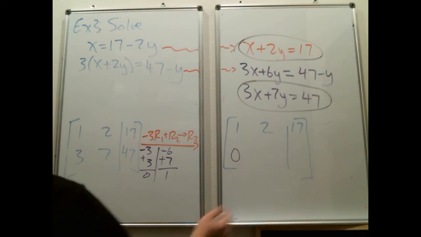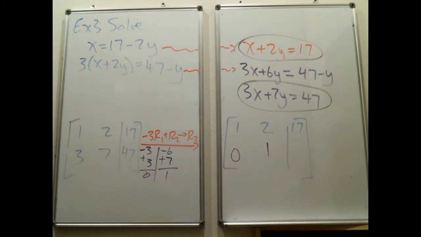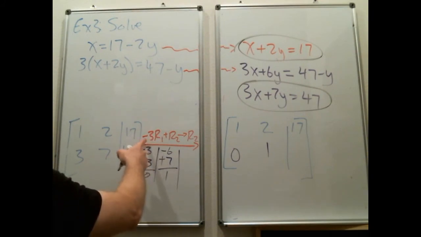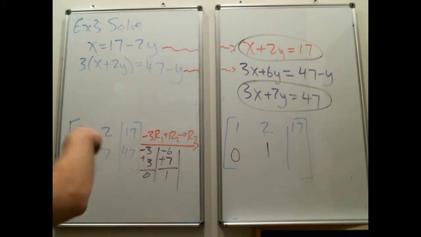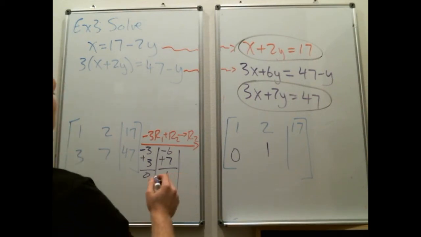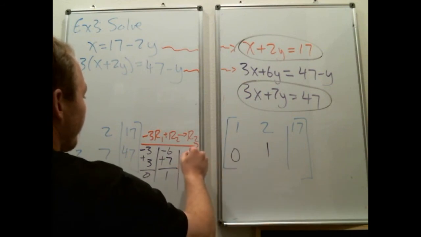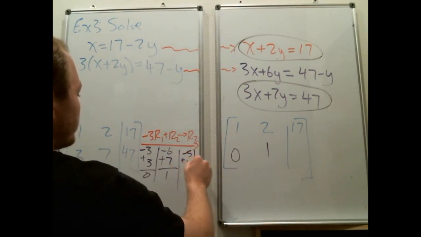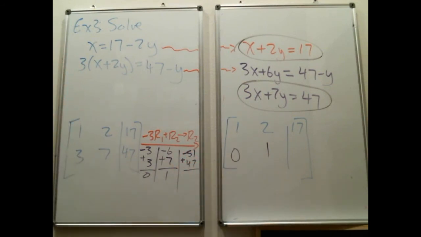That gives me 1. Alright, and then negative 3 times row 1, which is negative 3 times 17, and that gives you negative 51, plus 47, and that gives you negative 5.